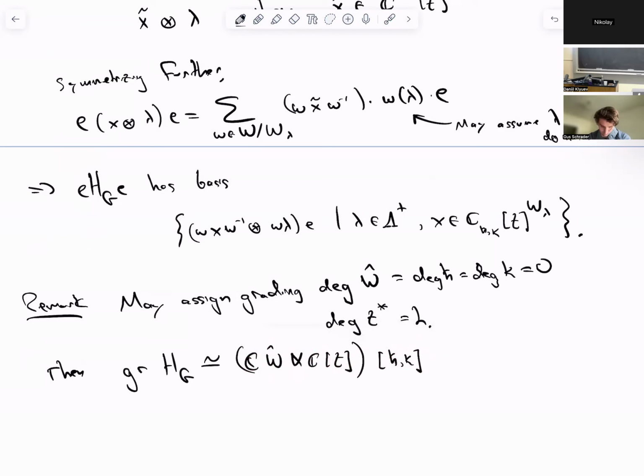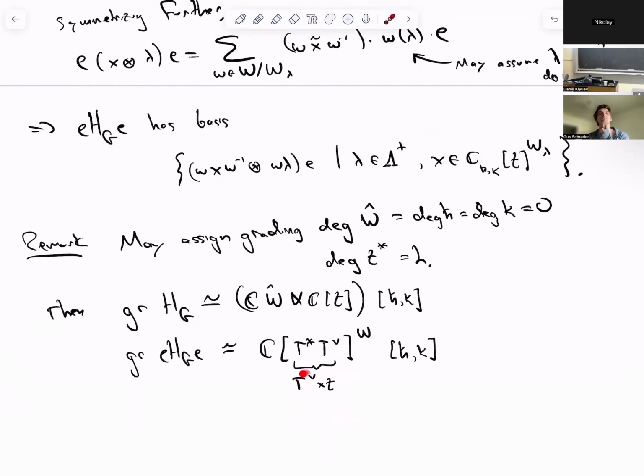And then likewise, the spherical subalgebra is just going to be the W invariants. And now I'm going to write it in the following clever way, which is very suggestive. So I'm going to take the cotangent bundle of T check, T star.